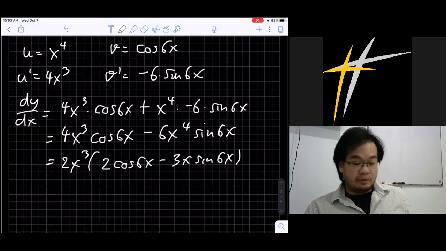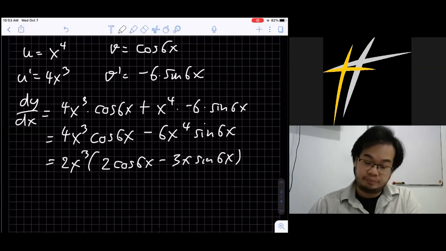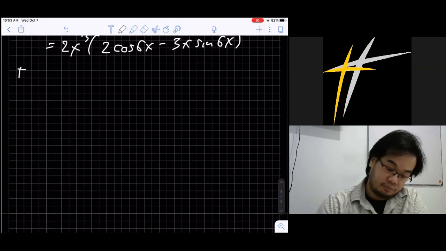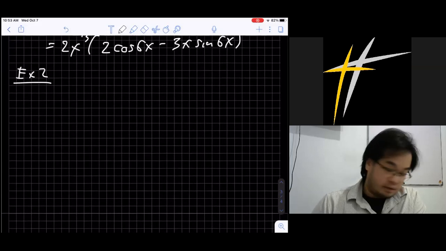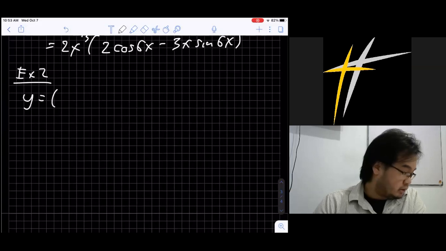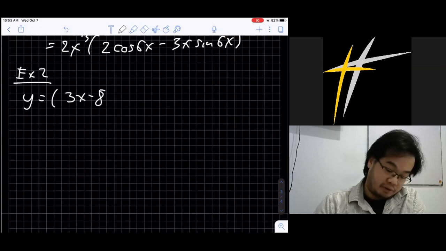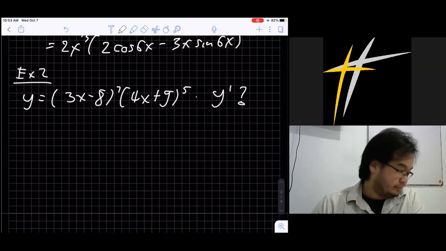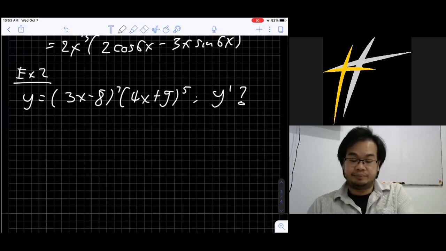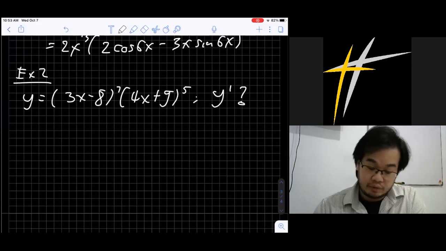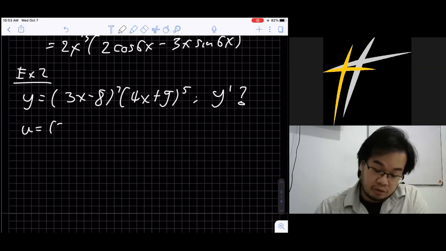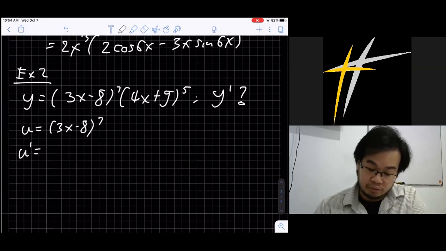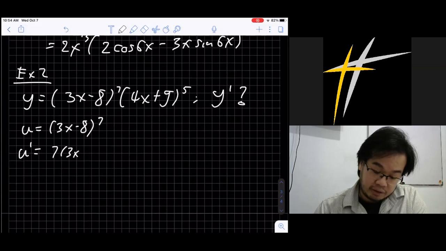Okay, now let's see example 2. If y equals (3x minus 8) power 7 times (4x plus 9) power 5, then what's y prime? And simplify. Okay, so again, if u equals (3x minus 8) power 7, then u prime is equal to 7(3x minus 8) power 6.